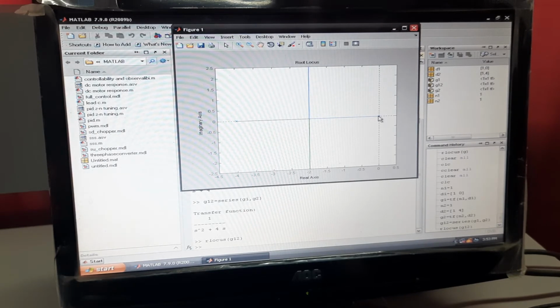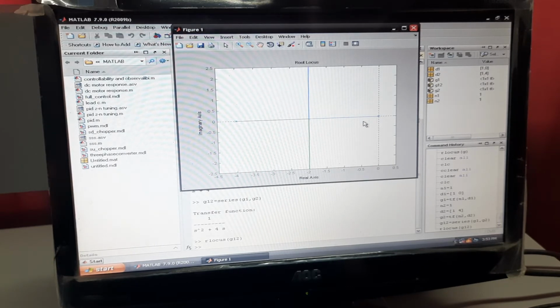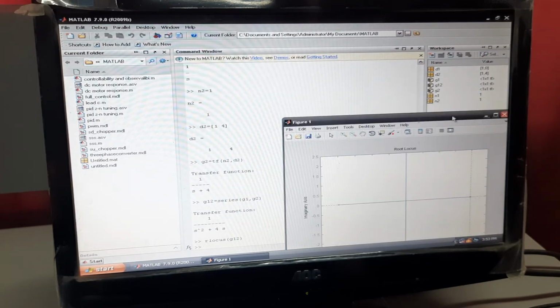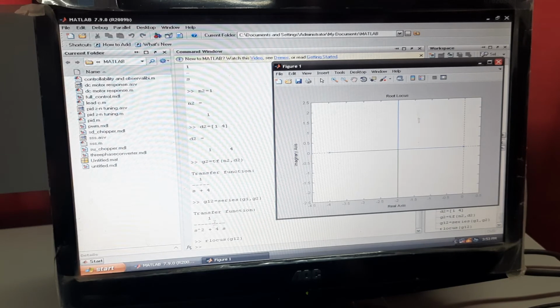We know that root locus will start from the open loop pole locations, right? As per our problem, we have 1 by S square plus 4S, so there are two open loop poles. One is at S equals to 0.